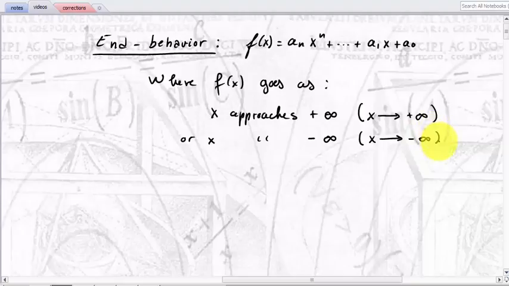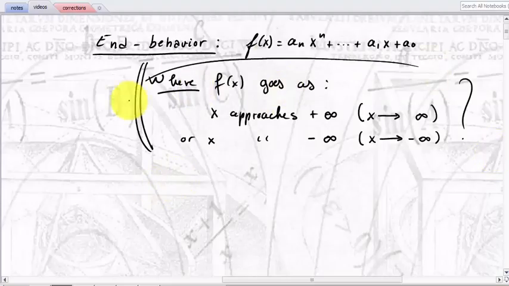Now if it's plus infinity, we often don't write the plus, it's just infinity. And we have a very specific notation for that, the limit notation. This is a very important notation that's not going away, especially important in calculus. It's the first time you're looking at it.